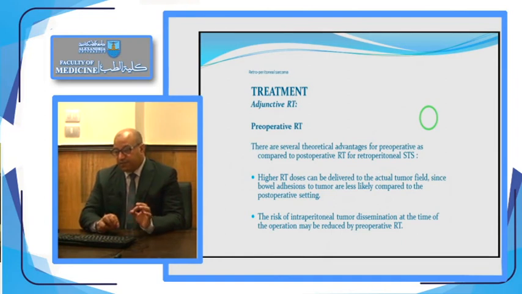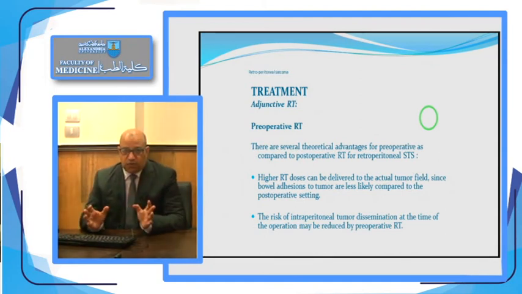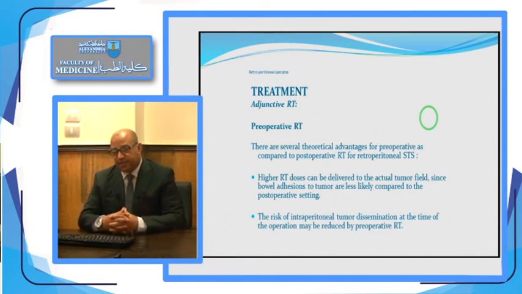The risk of intraperitoneal tumor dissemination at the time of the operation may be reduced by preoperative radiotherapy, as the tumor is fragile and retroperitoneal malignancies are not encapsulated. If the tumor is opened intraoperatively, there is a higher risk for local recurrence and for peritoneal sarcomatosis.